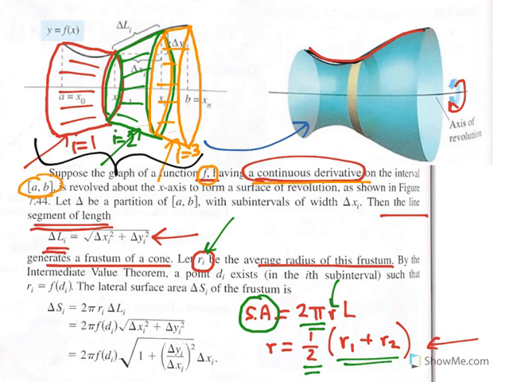By the intermediate value theorem, which is applicable because our function f is continuous on the closed interval from a to b, and therefore continuous on any subinterval of a to b, a point d sub i exists in the ith subinterval such that r sub i, which is the average radius of the frustum, is equal to our function evaluated at d sub i.